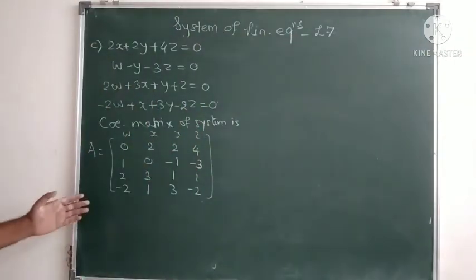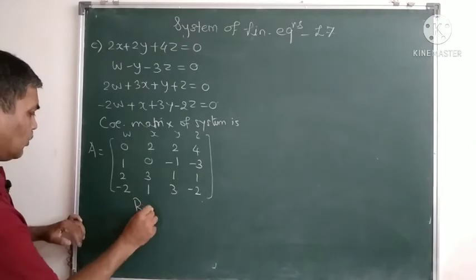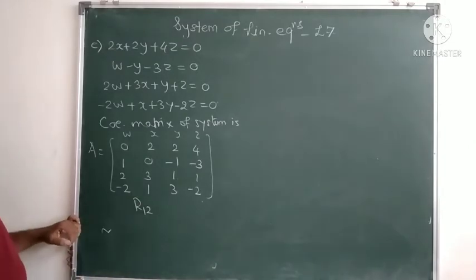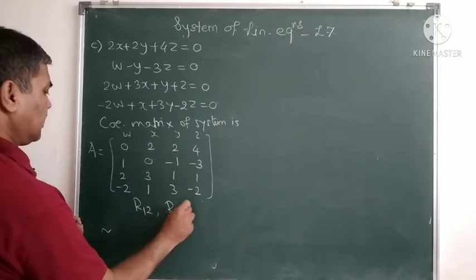So we want 1 in the first position, so we swap R1 and R2. And we'll also apply R4 plus R3.